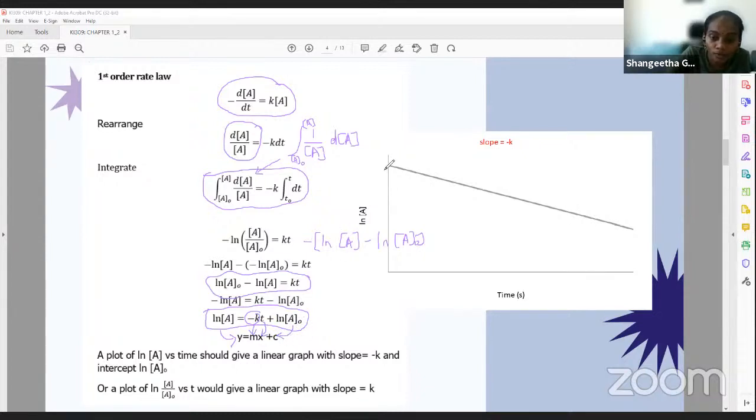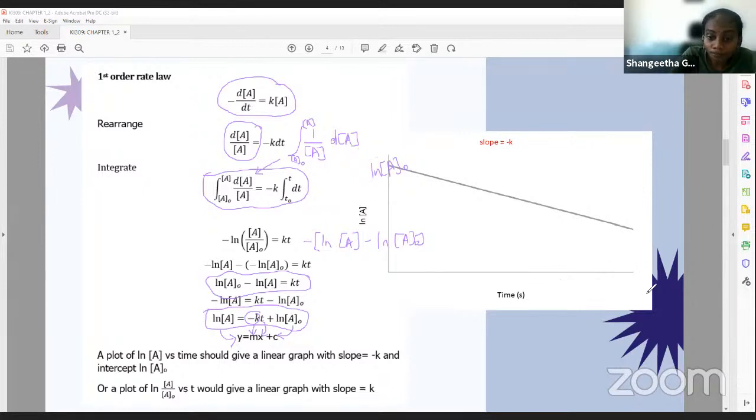Which means if you were to plot the graph of ln A versus time, you will get a linear graph with a slope of negative k and intercept at ln A naught. So this is the graph that you will get from your integrated rate law for a first order reaction.